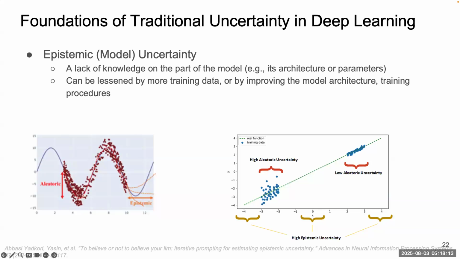If you do not have data on this part, even if your model can make predictions here, and even if the models face the same training data, they could have different mean predictions on this area.